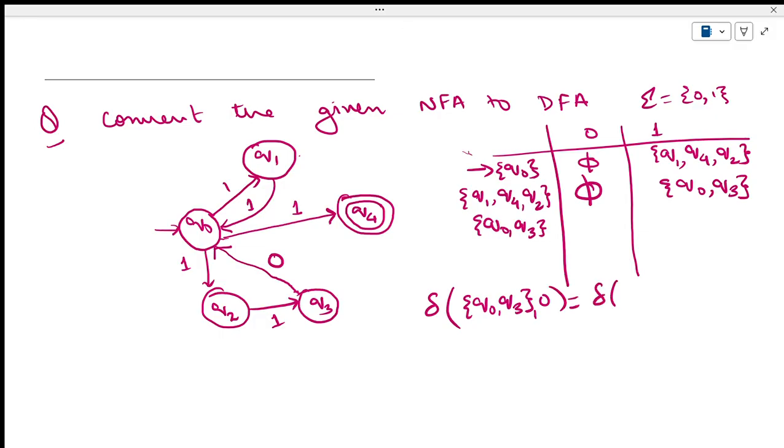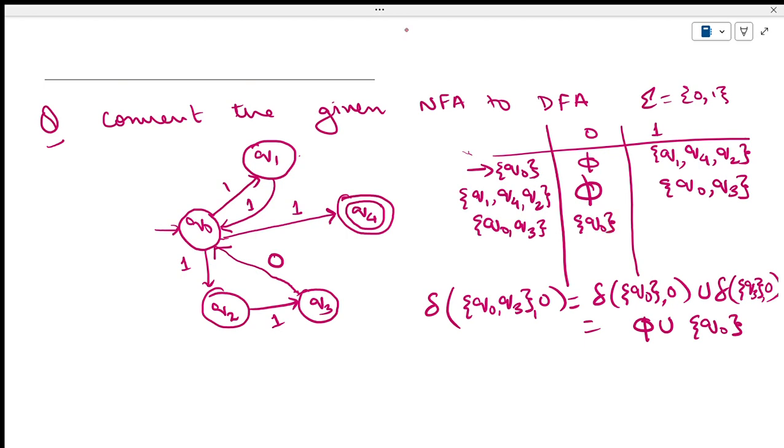Delta Q naught on reading 0 union delta Q3 on reading 0. Q naught on reading 0 is giving us phi, union with Q3 on reading 0, it is giving us Q naught. So I'll write this as Q naught.